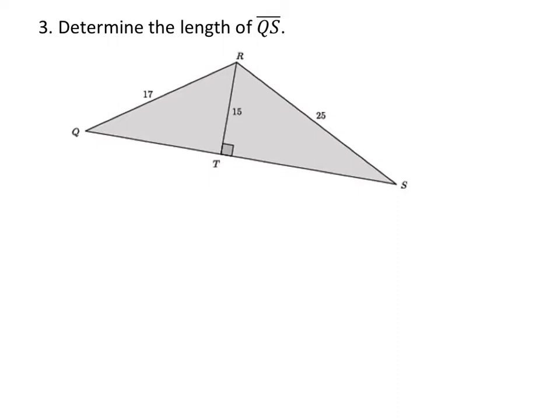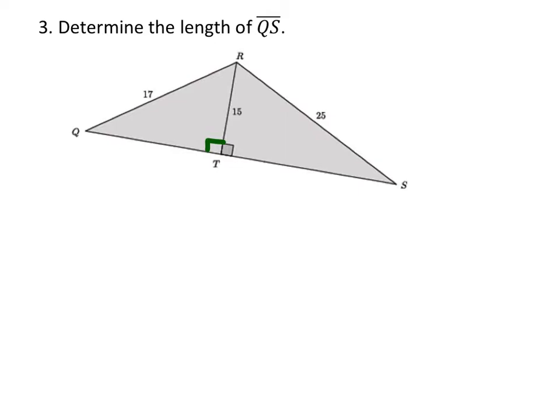What we really have here is two triangles, but we may also notice that this is a straight angle right there, and since this angle is 90 degrees, we know that this angle also is 90 degrees. The reason why this is important is because it's not just one triangle that we have here, it's really two right triangles that have been pushed together.